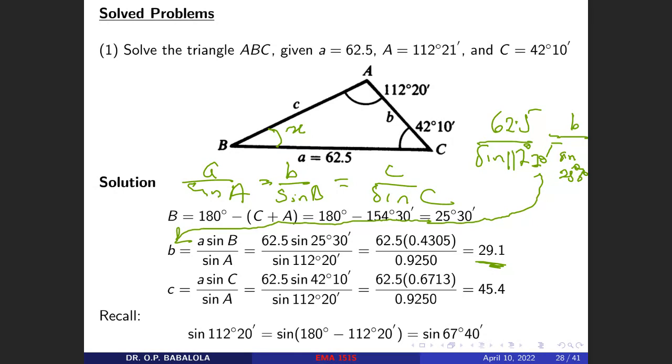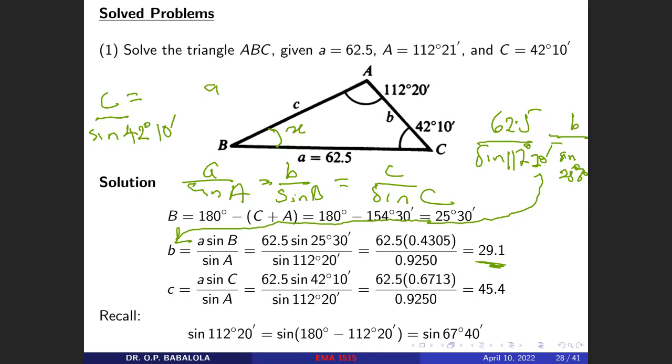And to obtain C, from this formula, let's just do C over sine C. Sine C is 42 degrees 10 seconds, equal to, we can use B, we can use A, whichever one.